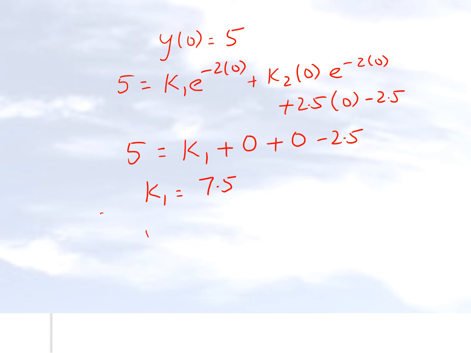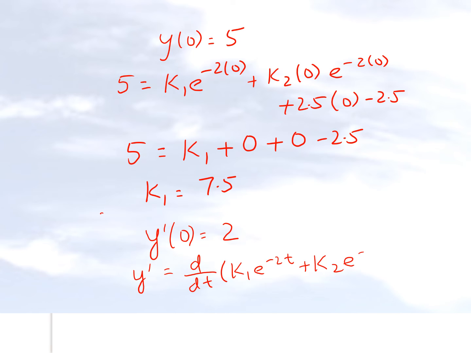For that case, we know that y prime of 0 is given as 2. So if y prime of 0 is given as 2, what does that mean? That means that our y prime will be the derivative of our current form of our solution. And this one will give us minus 2K1 e to the power minus 2t.